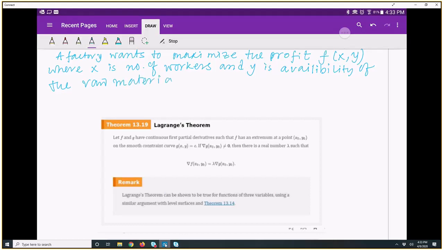So the number of workers and the availability, both of them, have limitations; they are boundary conditions. We will say let g be a function that relates these two, raw material availability and the number of workers, and gives you the limitations for them. So we call g(x, y) the boundary condition for this optimization problem.